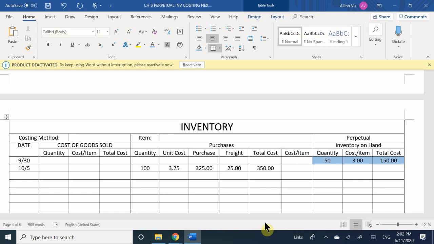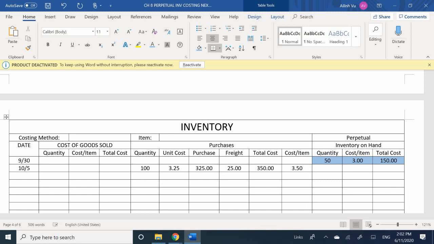The total cost, oh, no, we got the total cost. We're getting our cost per item. And what is that formula? 350 total cost divided by the quantity, 100. Perfect. That's 3.5.